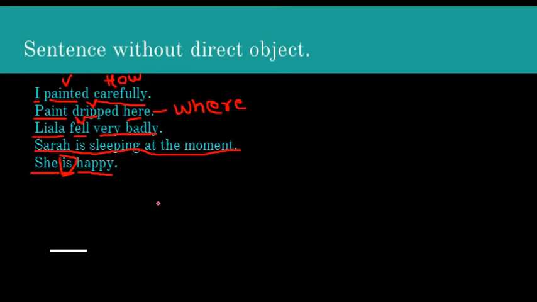However, happy is not direct object because is is a linking verb. Therefore, in this sentence, we don't have direct object. As I have already told you, a direct object never follows a linking verb.